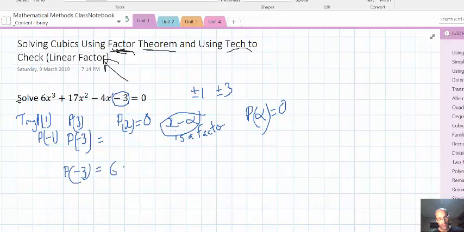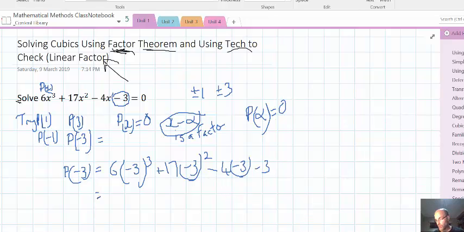We sub the value in for alpha, which is -3, into the given expression P of x: 6 times -3 cubed plus 17 by -3 squared minus 4 by -3 minus 3.